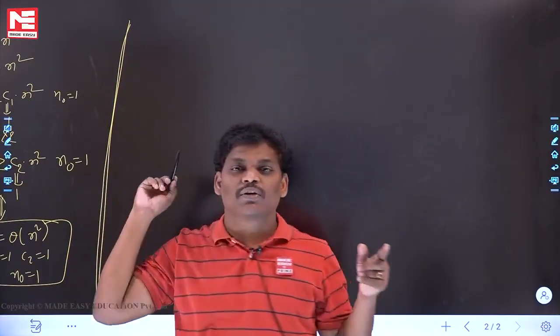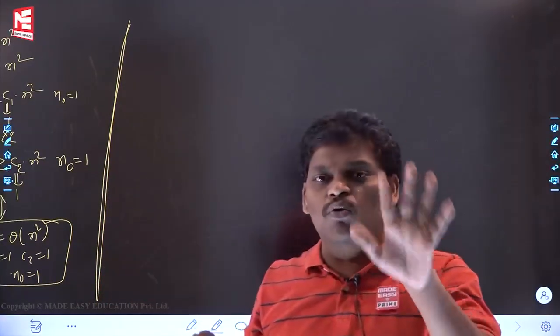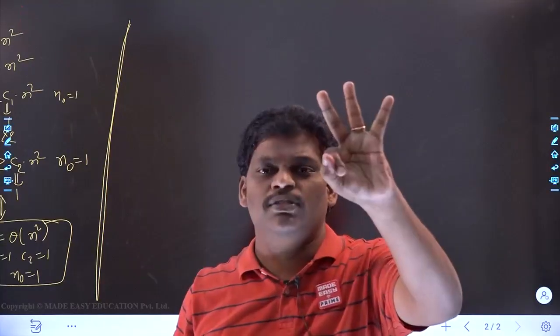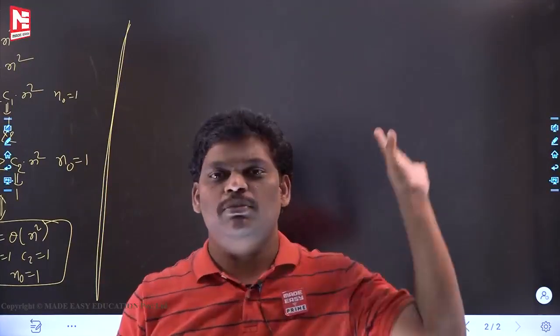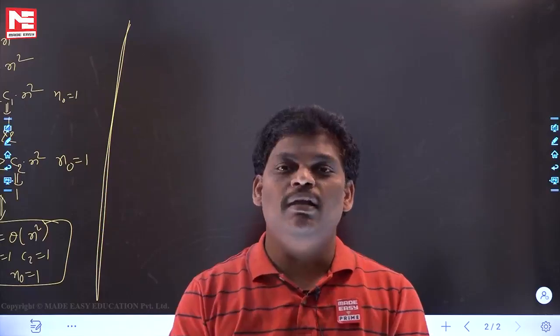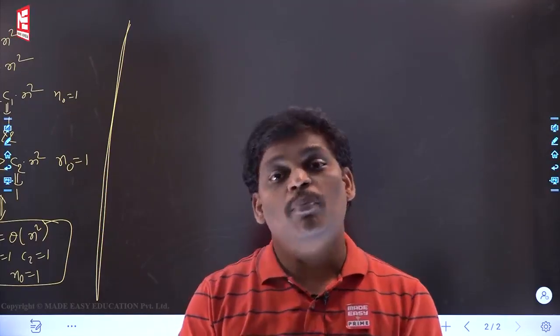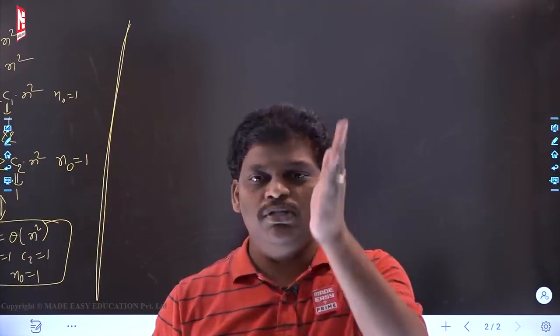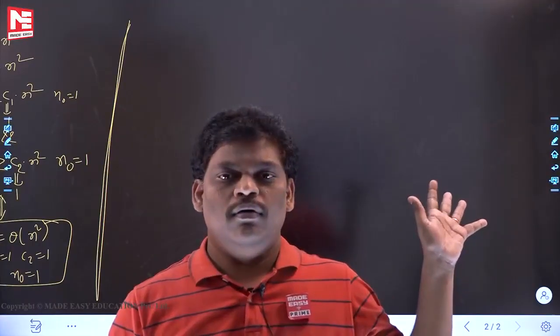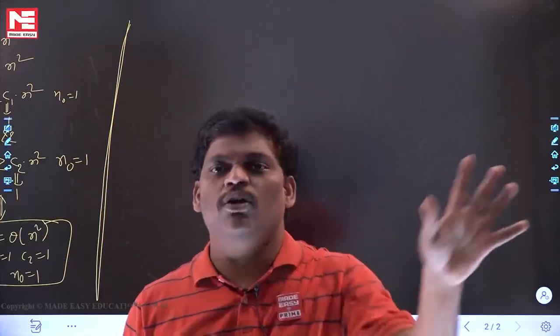And one more thing I want to say to you: big O, omega, theta. If you learn these 3 things, I'm saying to you, you got the algorithm subject. Your life will be settled if you get the algorithm subject very well. Study topic wise. Time complexity, one topic. Next one is asymptotic notation, one topic.